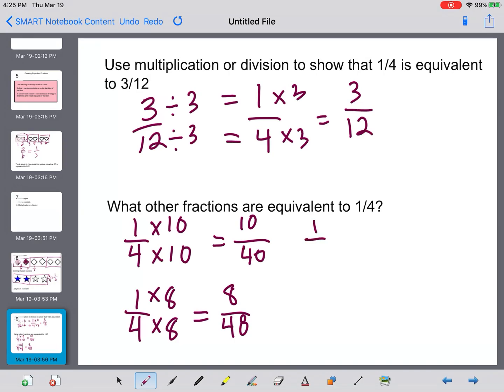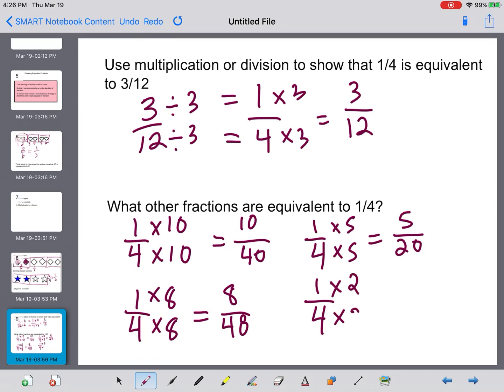Let's try another one. 1 over 4, let's try 5, because that's a pretty simple multiplication question for a lot of us. 1 times 5 is 5, and 4 times 5 is 20, and so we know that 5 over 20 is equivalent to 1 over 4. And we'll do one more. Let's do 2. So 1 times 2 is 2, and 4 times 2 is 8. And so we know that 1 over 4 is equivalent to 2 over 8.